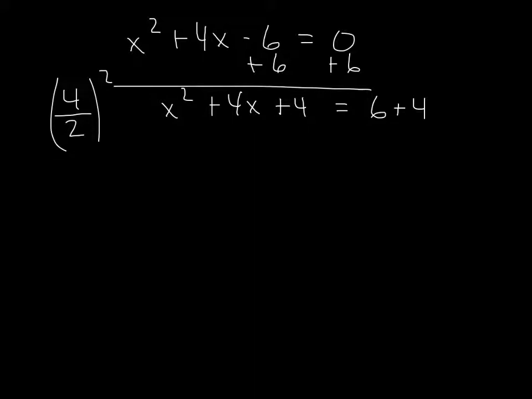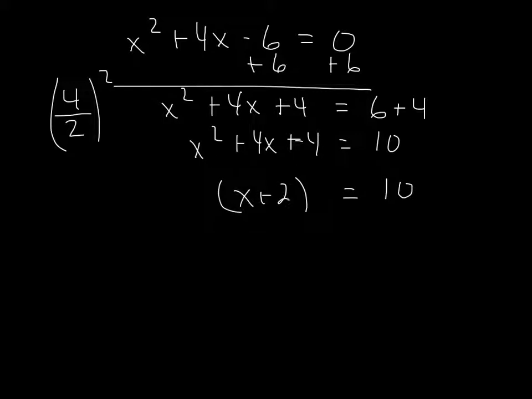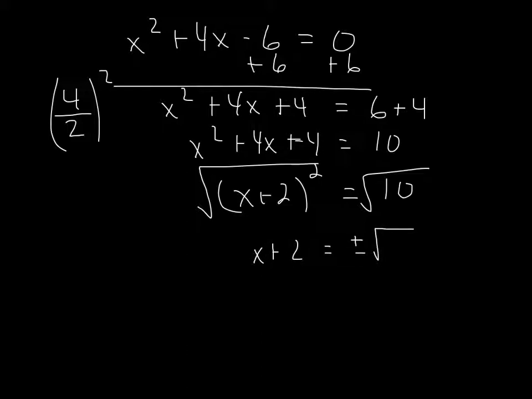Now you have x^2 + 4x + 4 = 10. That's a trinomial square, that's (x + 2)^2. Now we take the square root. We get x + 2 = plus or minus the square root of 10.